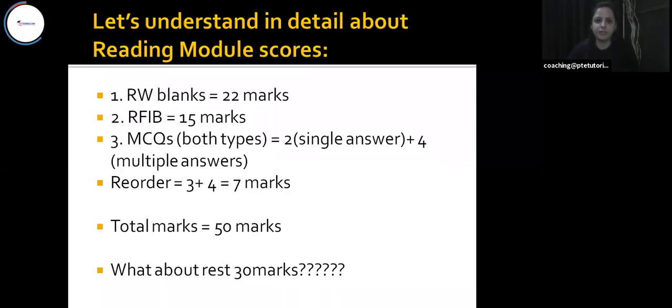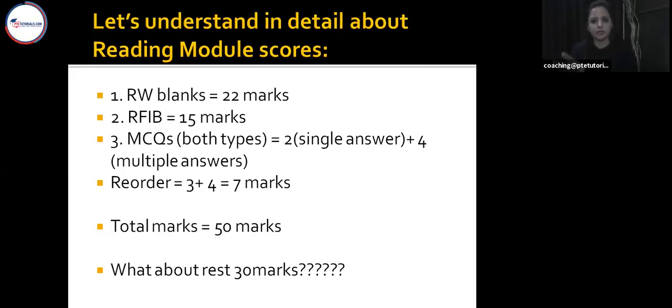Then reading fill in the blanks, I have taken here 15 marks. MCQs of both types: 2 marks if I got 2 questions, and 2 maximum for a single answer MCQ, and 4 marks for 2 questions based on multiple answers MCQ. And reorder, suppose I got 2 reorders, and in one reorder I got 3 pairs, then 3 marks.